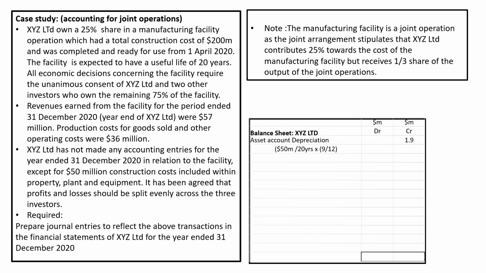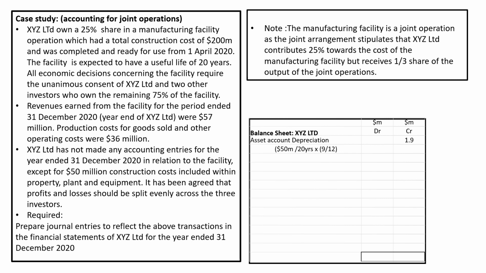So start off with the 50 million. That's already been, if you like, accounted for in its own accounts. What we have to provide here is the depreciation on that 50 million, which is to divide the 50 million by the 20 years and take 9/12 because the operation was ready for use from April 2020.